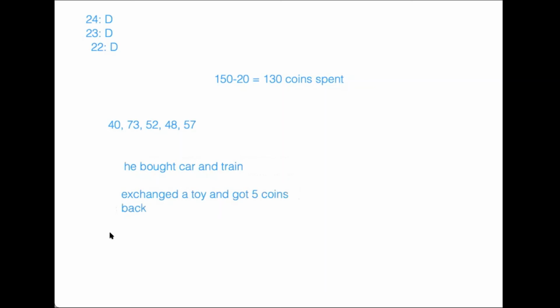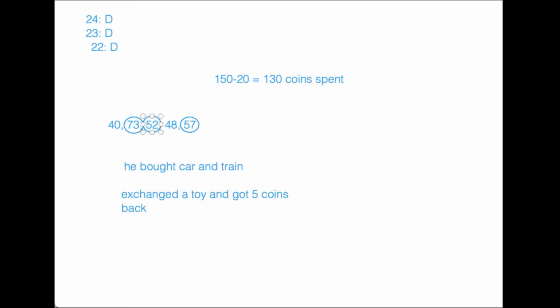And that means that the toy that he exchanged for was 5 coins less. And we already have 73 and 57. So we just find a number that is 5 coins less than either of these. 5 coins less than 73 is equal to 68, and that's not on the list. But 5 coins less than 57 is 52, which is on the list here.